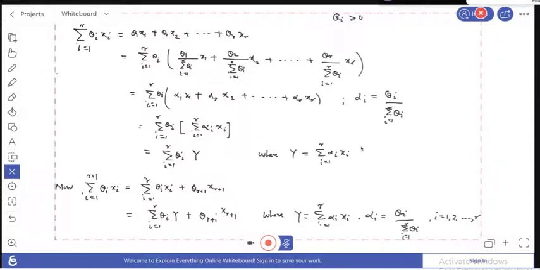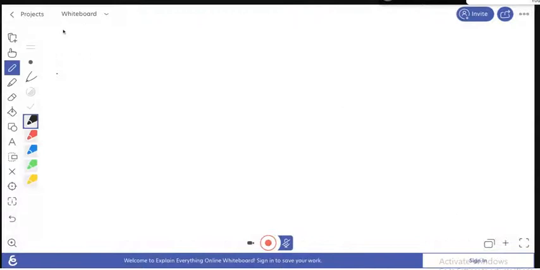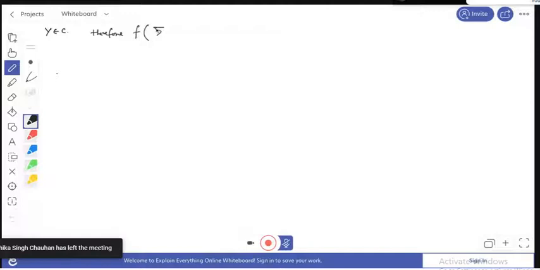Okay, so y equals this thing, which is a linear combination of that. So here y also belongs to that convex set C. Therefore you take f of the summation i equals 1 to r plus 1 of theta i xi.